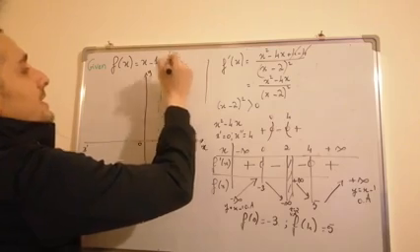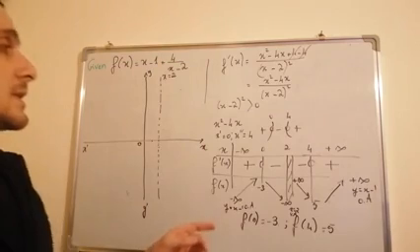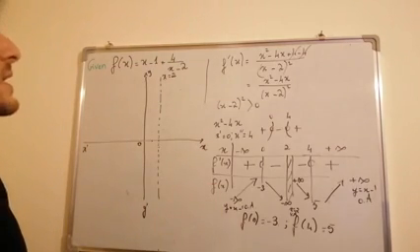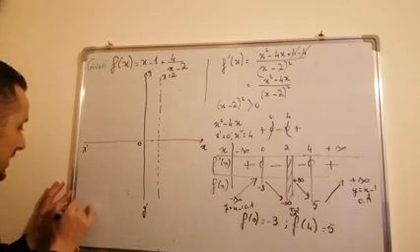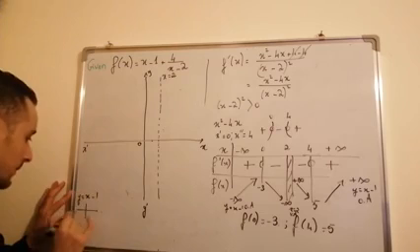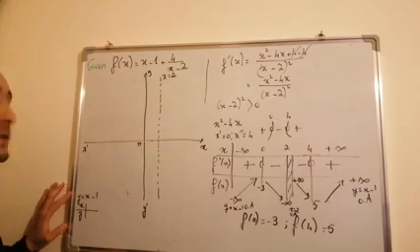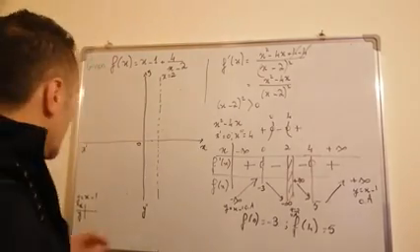Okay? x equals 2 is a vertical asymptote. y equals x minus 1 is the oblique asymptote. To draw this asymptote, it's a simple line. We can draw this line by choosing 2 points belonging to this line.